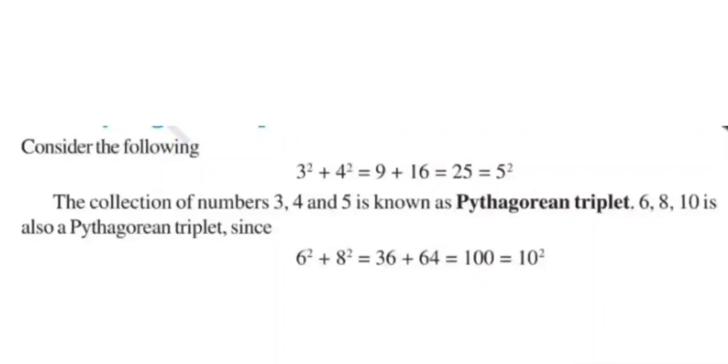Okay. See one more example. 6, 8 and 10. See 6 square plus 8 square. 6 square is what? It is 36 and 8 square is 64. Total will come what? 100. Okay. And 100 is equal to 10 square. So we can say 6, 8 and 10 are a Pythagorean triplet.